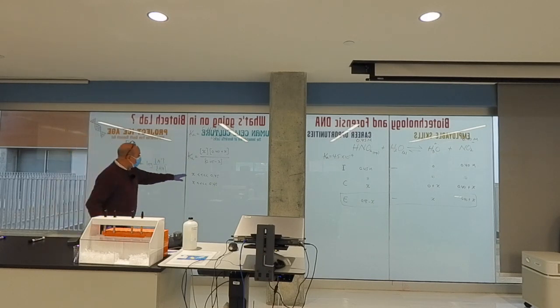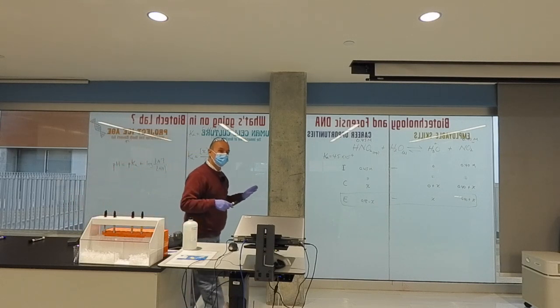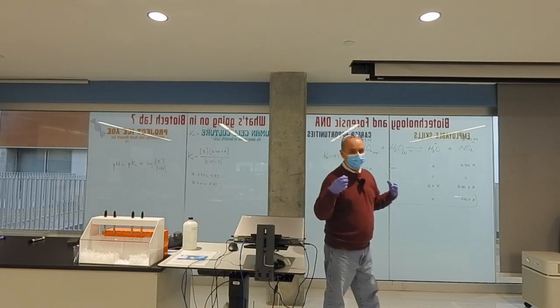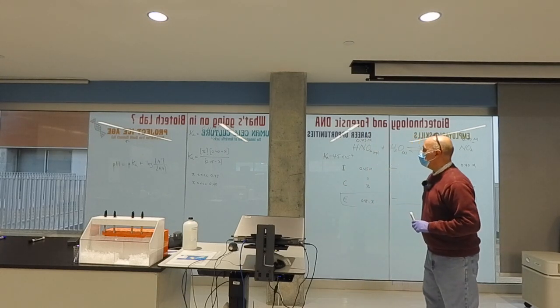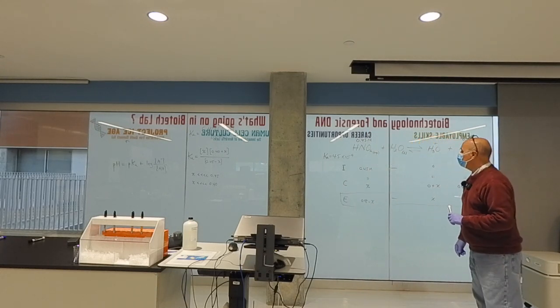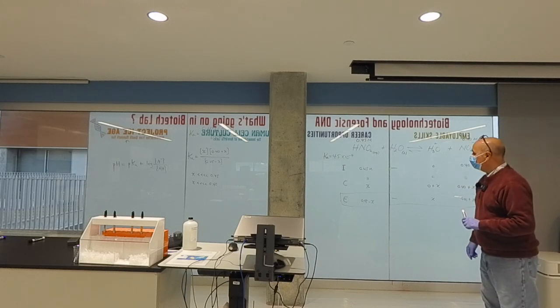If we don't make this assumption, we can still solve the equation, but it's going to be a quadratic equation. I don't know if you guys remember your quadratic equation from math. It's solvable, and nowadays it's even more so with all of the calculators that are equipped with artificial intelligence.